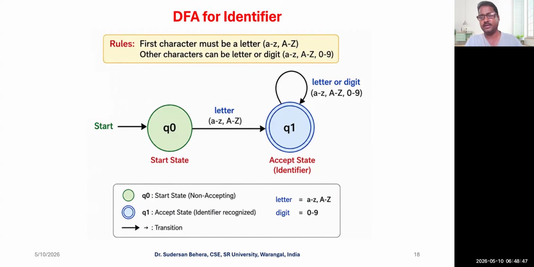So here you can see the DFA. The start state is called Q naught. From Q naught it can consume a letter, either uppercase or lowercase, and it goes to the final state. Because if you write int a, a single letter can also be an identifier.